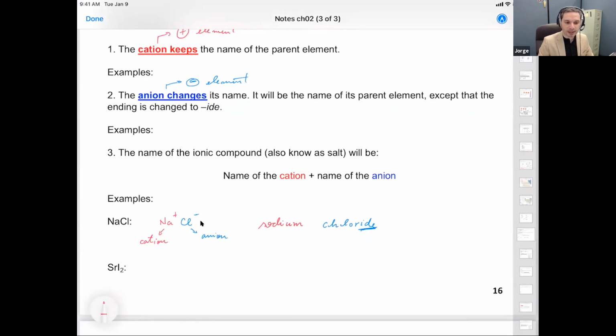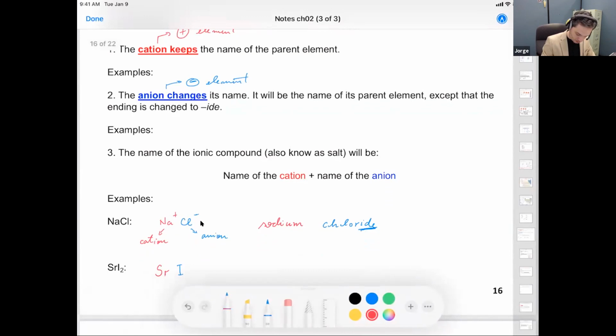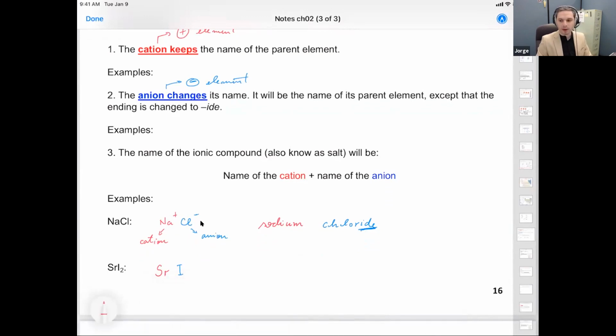Okay, let's look at the next one. SrI2. So we have here strontium combined with iodine. There is a number 2 here because the charge of strontium is 2 plus.